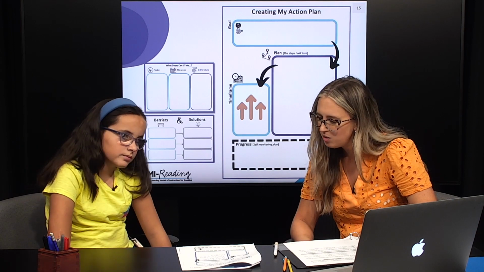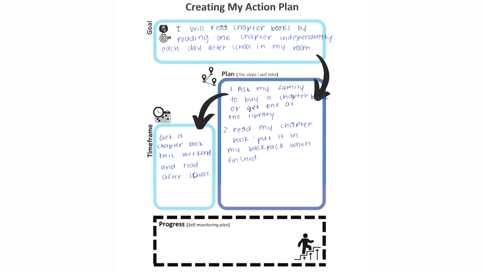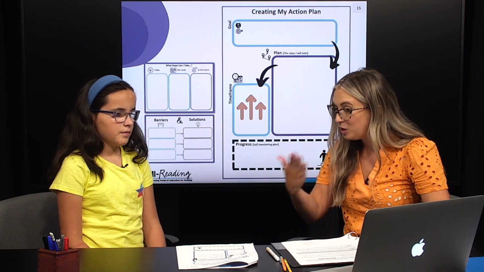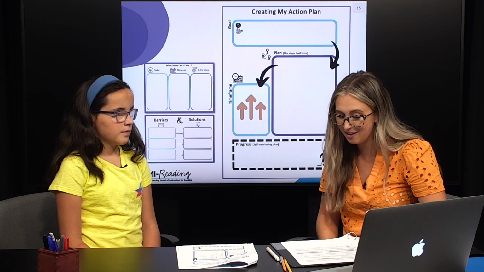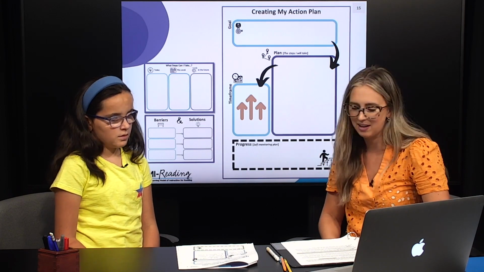And then when do you think you could start reading that book? Every time after school. That's fantastic. That's really good. So I'm going to write that down. That is a really good time frame, really good thinking. And so you have some really good ideas here for your action plan, and I can't wait to see how this plan helps you.